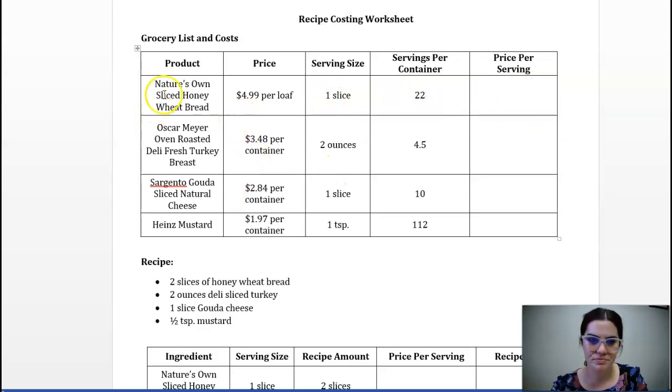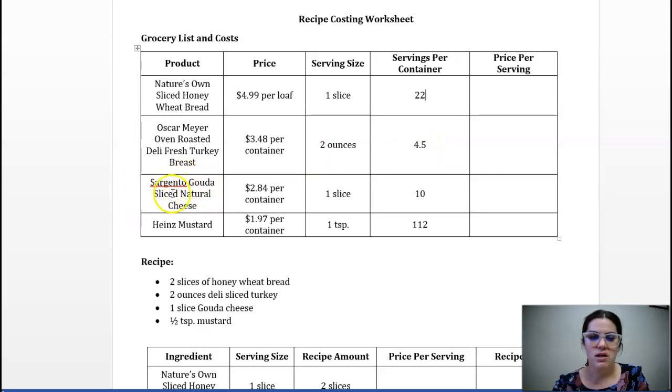So, we said we bought this bread for $4.99 a loaf. Its serving size is 1 slice, and there are 22 servings or slices. We have some turkey breast that was $3.48 per container. The serving size is 2 ounces of turkey, and there are about 4.5 servings per container.